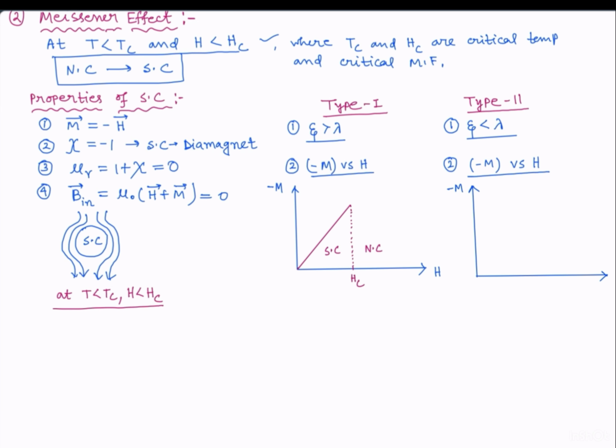This is minus M and H, and the graph looks like this: firstly the graph goes up to Hc1, then decreases at the magnetic field Hc2.